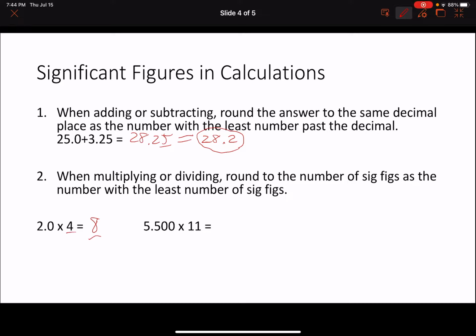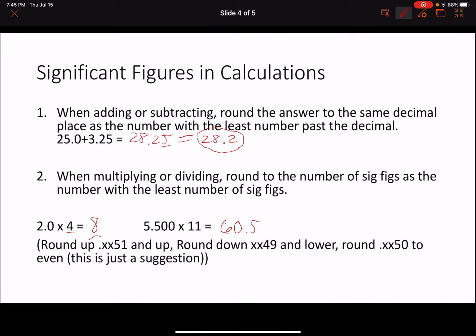Here, this one, 5.500, has 4. 11 has 2 digits, and so we would write the final answer to 2 significant digits. We get 60.5.